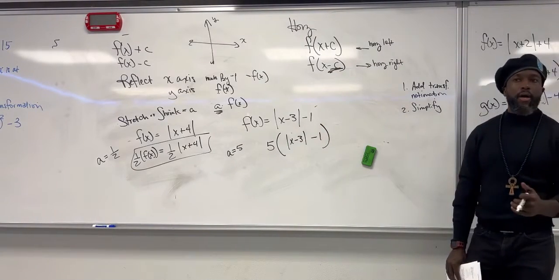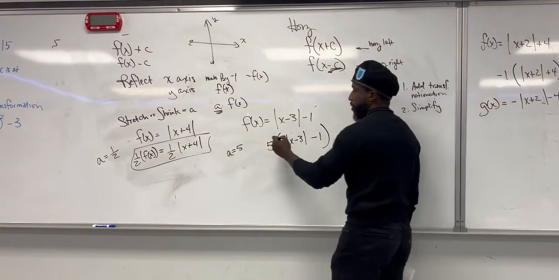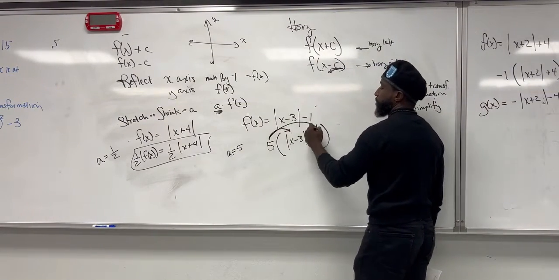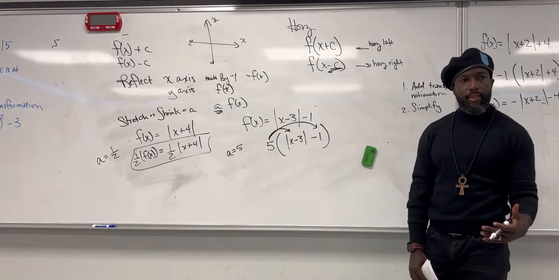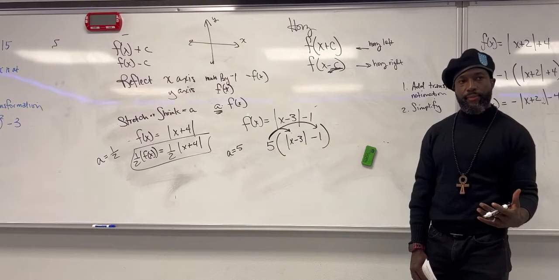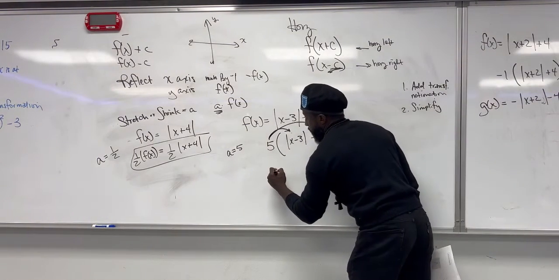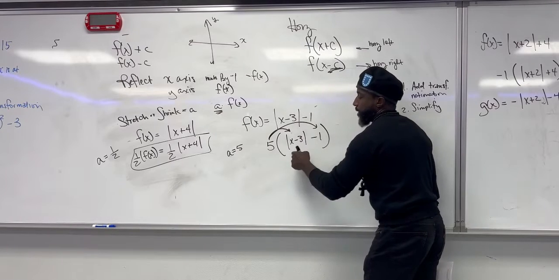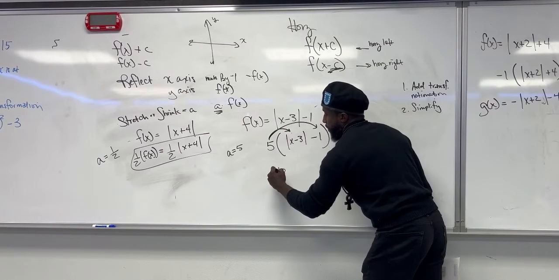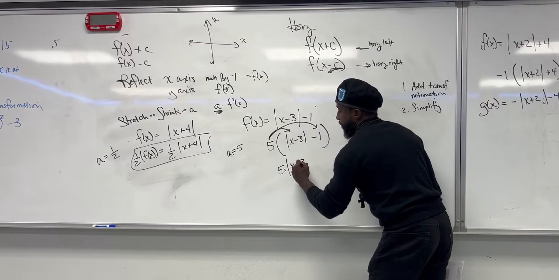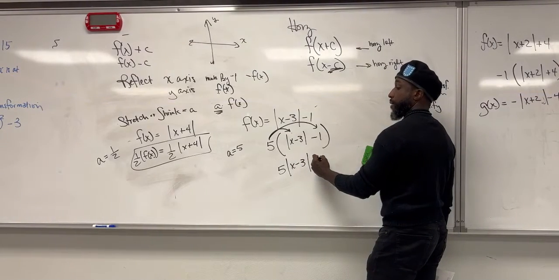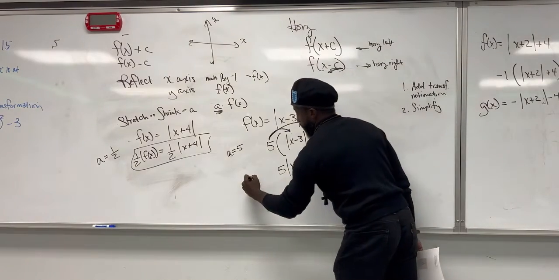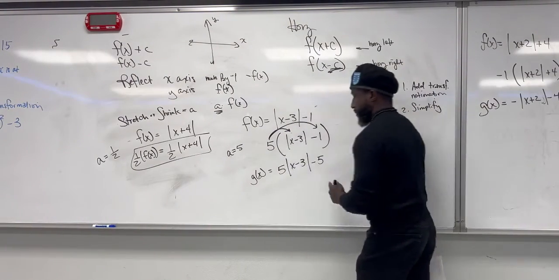Just like with our reflections, you distribute 5 through. So it'll be 5 times the absolute value term, and then 5 times the number. Okay? Real quick, what's the answer? Not quite 5x, because it's absolute value. You can't distribute the number. So it'll be 5 times the absolute value of x minus 3, minus 5. Good. So g of x equals that.